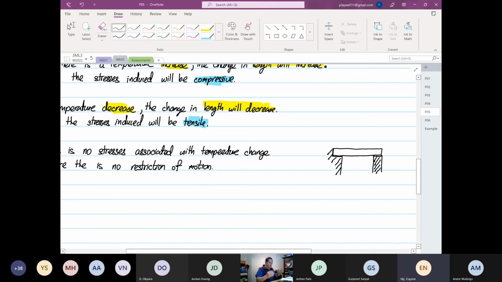And then if I were to draw this in something that you can understand, on one side, this is our side A, this is our side B. At A, point A, what we have is a pin. At B is a what? Is a roller.